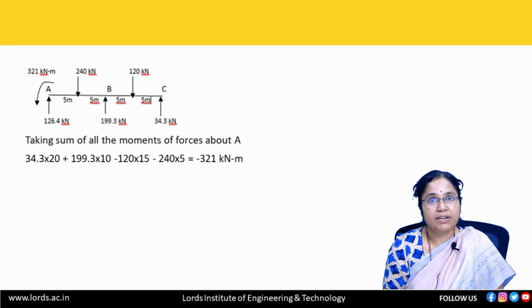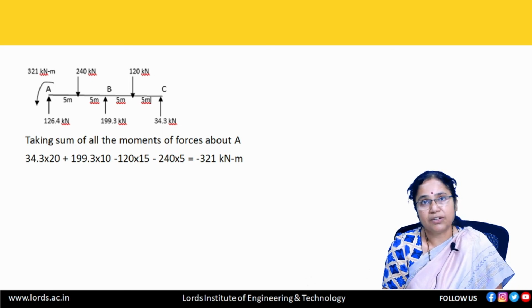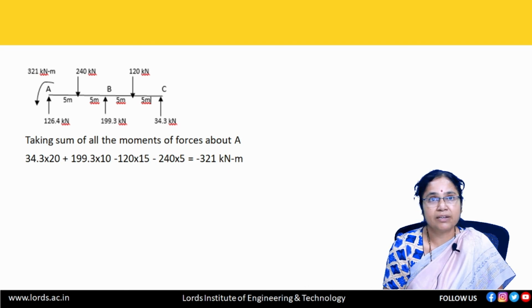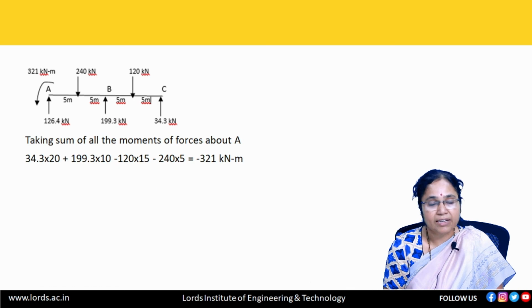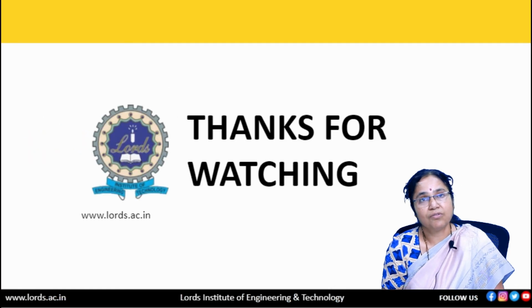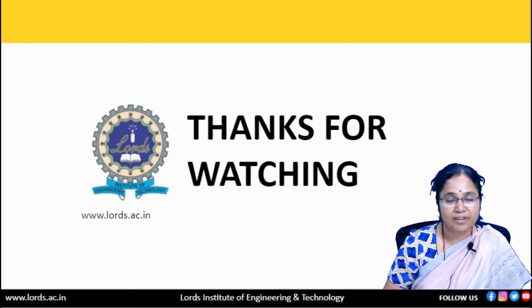Solving all this, we get 321 kilonewton meter with a minus sign. The minus sign means the moment is acting in the anti-clockwise direction. So the above are the reaction components for all this. Thank you.